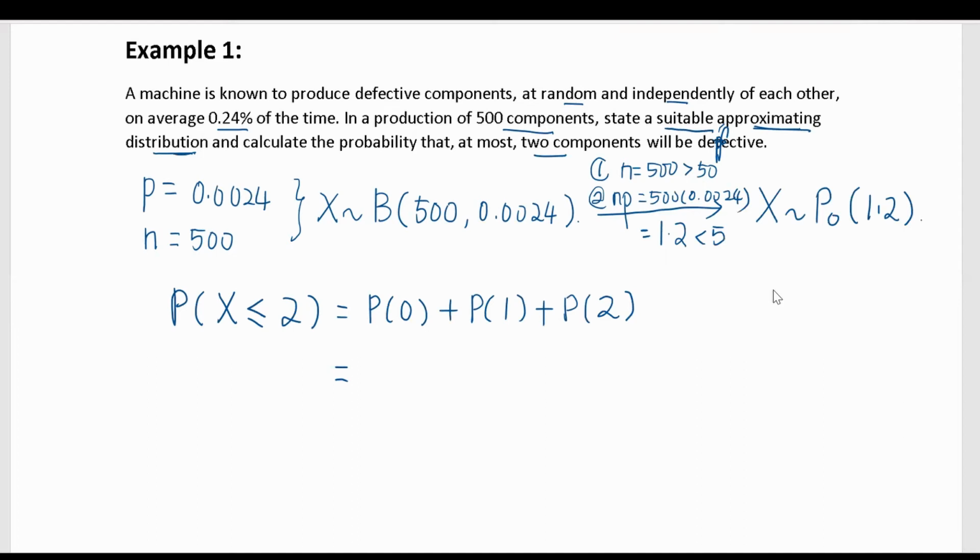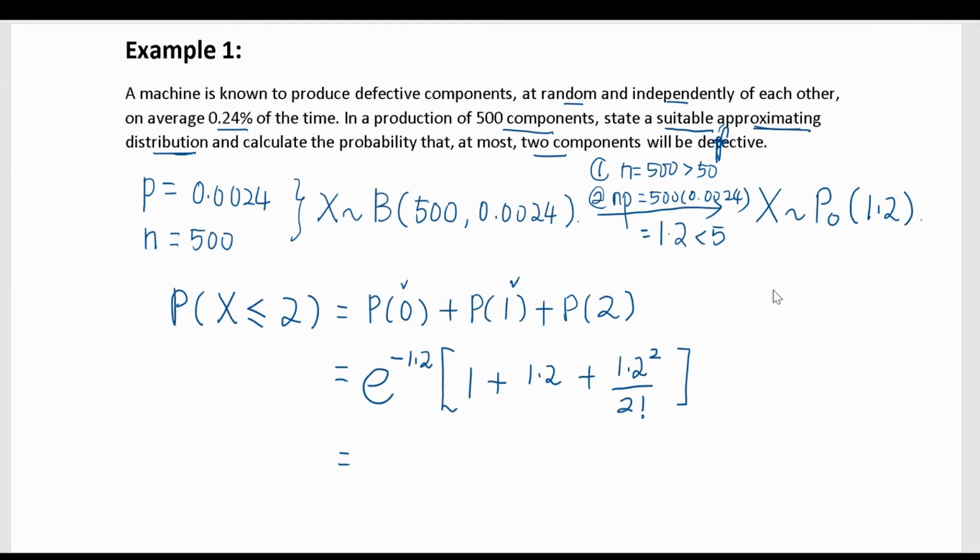Remember the formula for the Poisson distribution: e to the power of negative the mean, 1.2. As this is a common term, we factorize out e to the power negative 1.2, and then we take 1 for x equals 0, followed by 1.2 to the power of 1 over 1 factorial, and 1.2 to the power of 2 divided by 2 factorial. By using this way, your calculation will be shorter.